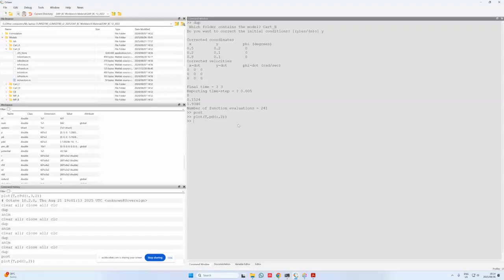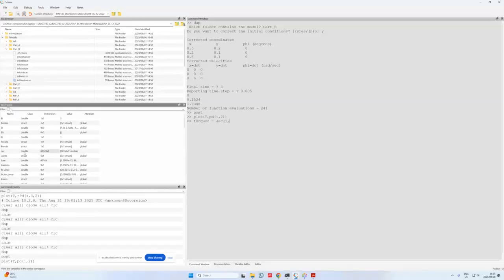I'm now just going to say, well, I want to consider torque 2, which is then equal to the Jacobian, and let's perhaps just first consider the very first element. So at time step 1, I'm just going to say Jacobian 1, and if I look at the form, the Jacobian has the form the number of time steps by the number of constraints by the number of coordinates in the system.